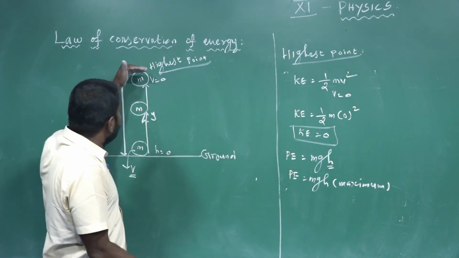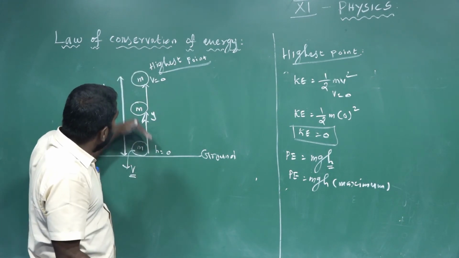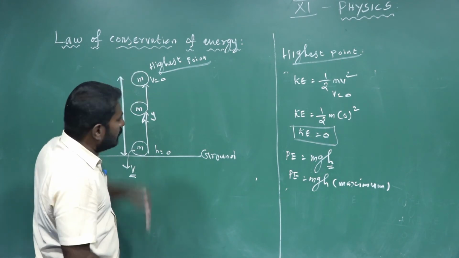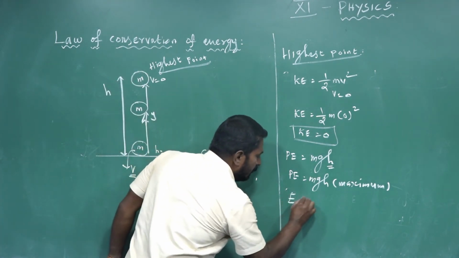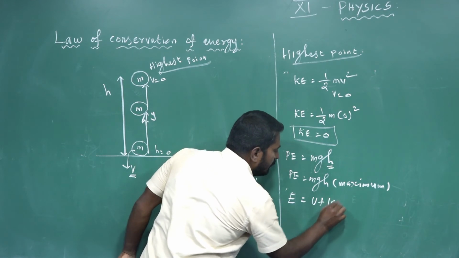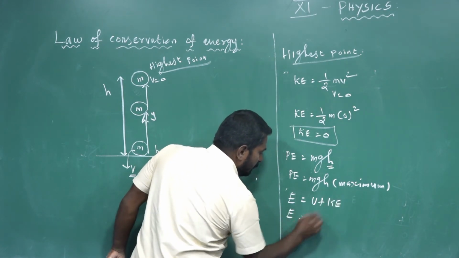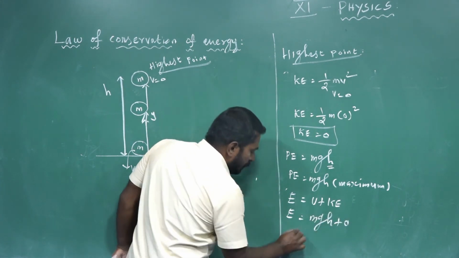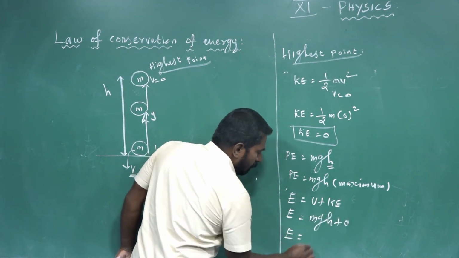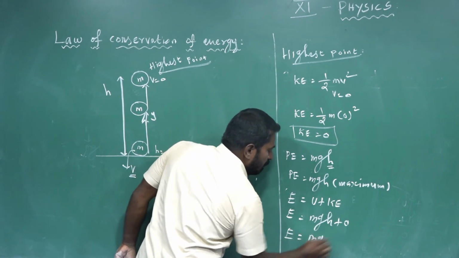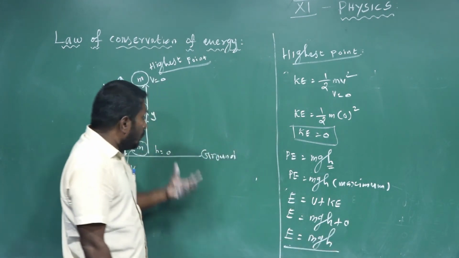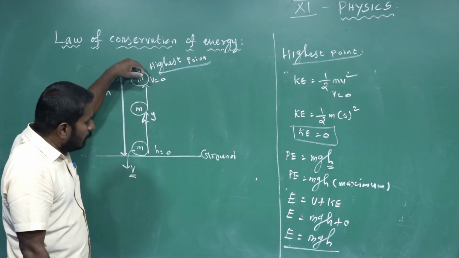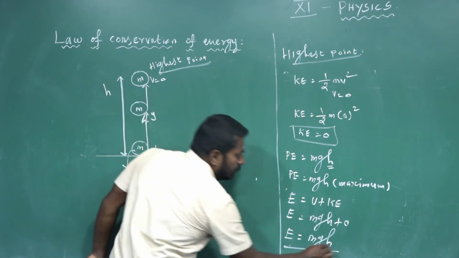So at the highest point, the total energy possessed by the body E is equal to the sum of its potential energy and kinetic energy. E is equal to potential energy mgh plus kinetic energy 0. At the maximum height, the total energy possessed by the body is mgh. So at the highest point, the total energy possessed by the body is wholly potential.